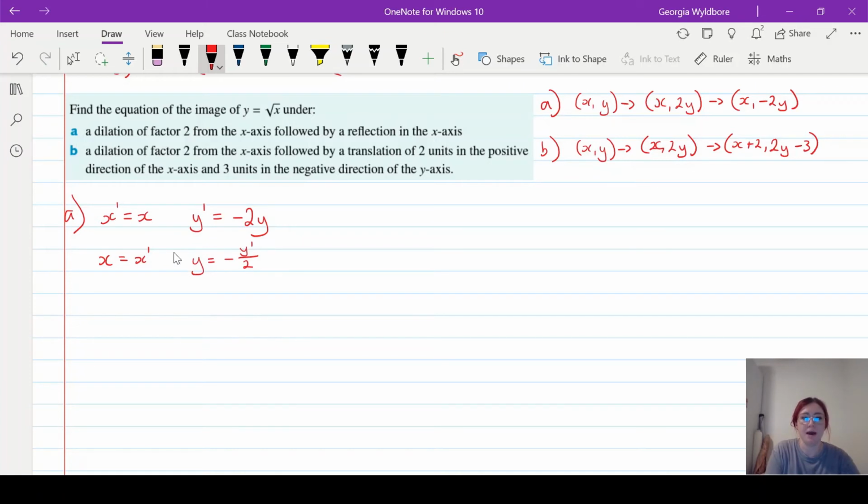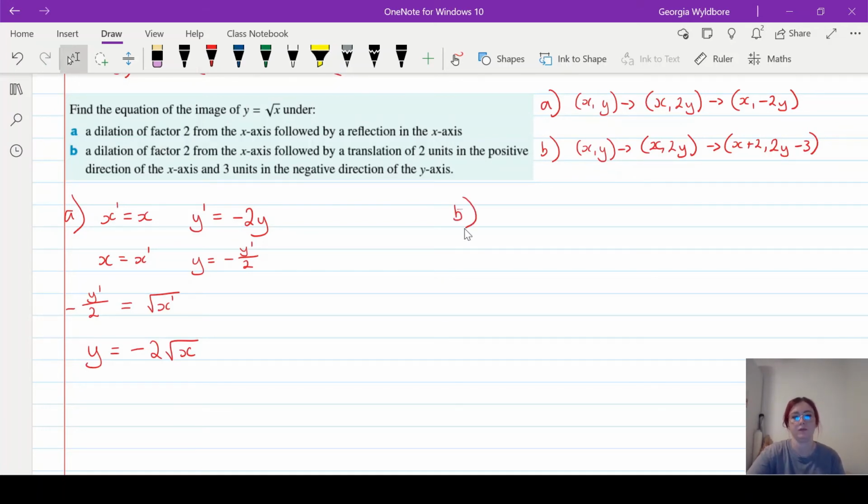We can then just map that into our equation. So we've got negative y dash over 2 is going to equal root x dash. And then we just want that equation of the image, so we're just going to convert it to y equals. I'm going to multiply by negative 2. So our equation there: y equals negative 2 root x.